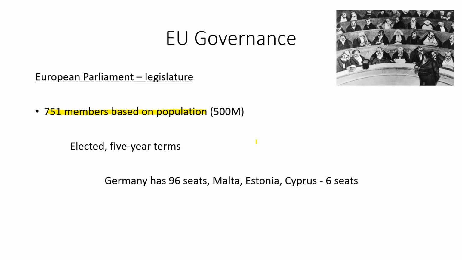Germany, the most highly populated state, has 96 seats. Several smaller states have 6 seats minimum there. And just as with any elected representative body, we see the growing influence of political parties, some of which are anti or skeptic of the EU, which is part of the challenge.